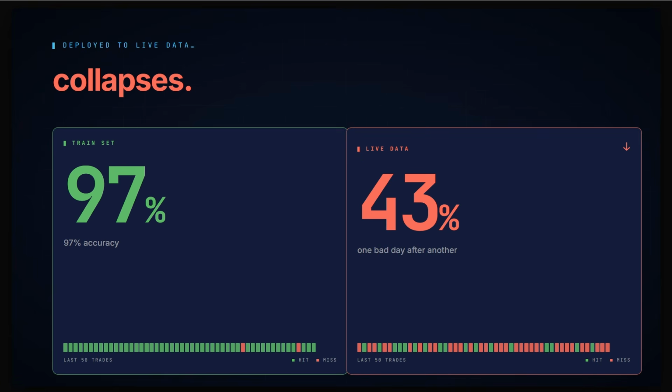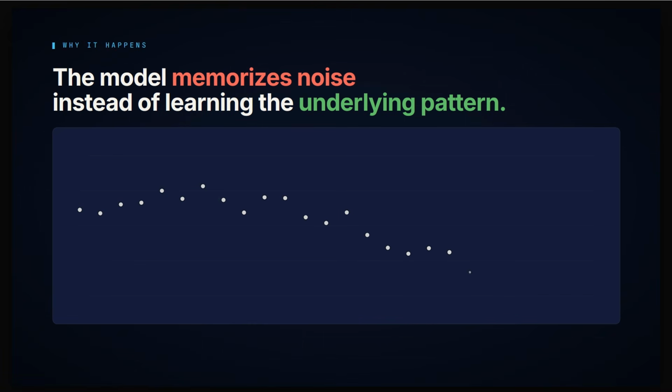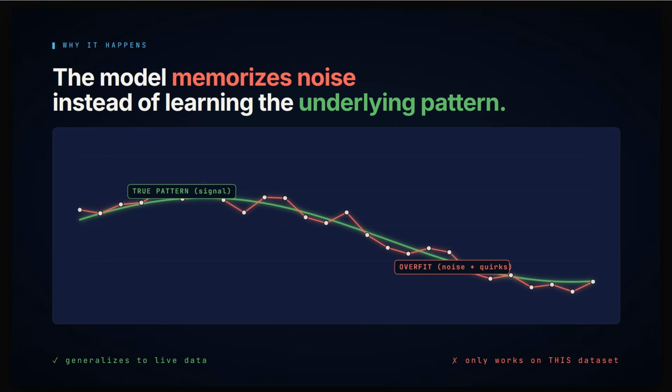This is because of a phenomenon called overfitting. The model learns the data too well. It memorizes noise and quirks specifically to the dataset rather than learning the underlying pattern. It's a bit like studying for an exam by memorizing the questions and answers from last year's test. You would ace a rerun of a test, but fail a new test on the same material because you learned the specific answers, not the concepts.